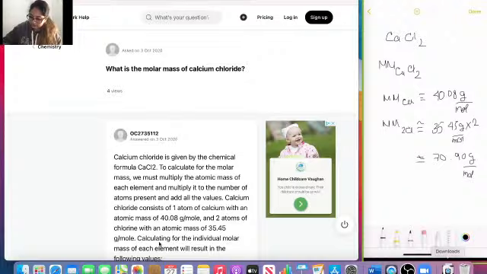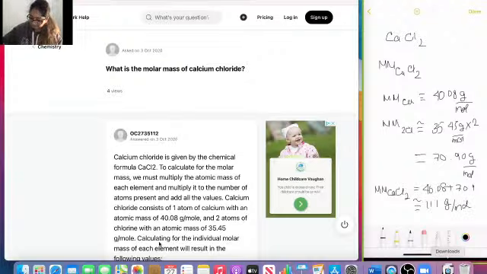Now when we are trying to find the molar mass of calcium chloride, you just have to add all of this together. So you have 40.08 plus 70.9, and you approximately get 111 grams per mole.